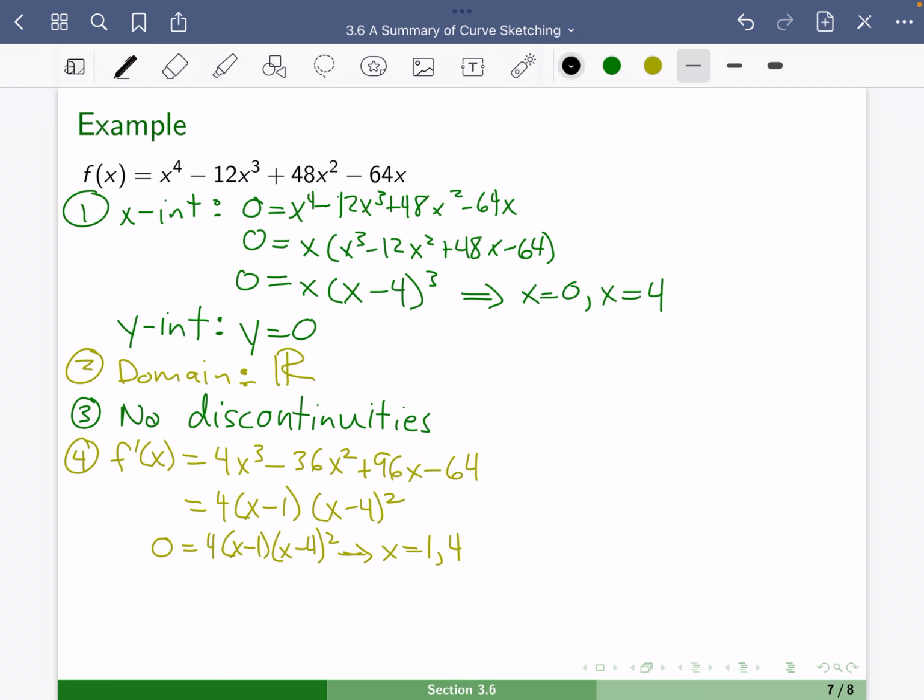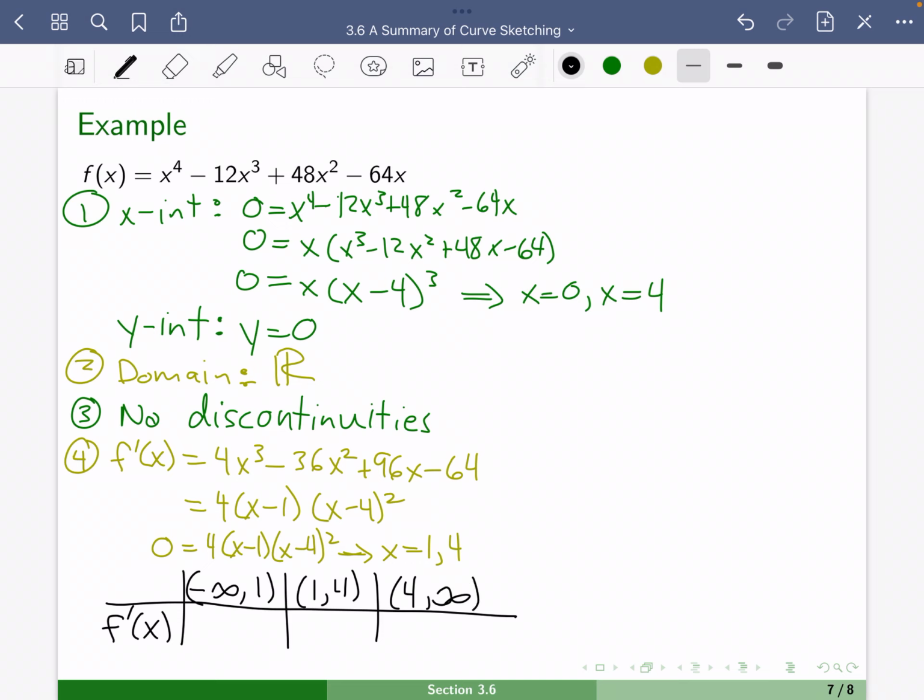So for our sign chart for f prime of x, we're going to go from negative infinity up to 1, from 1 to 4, and then from 4 to infinity.